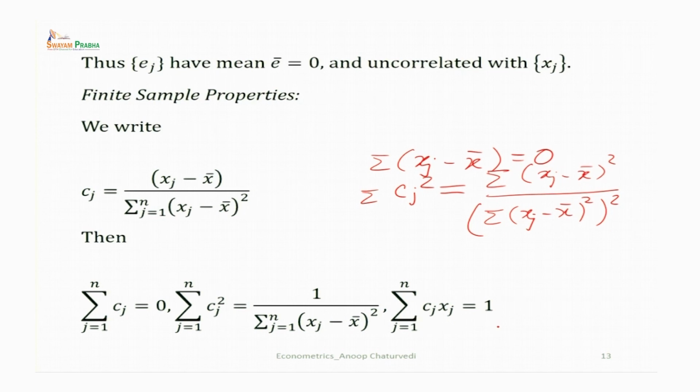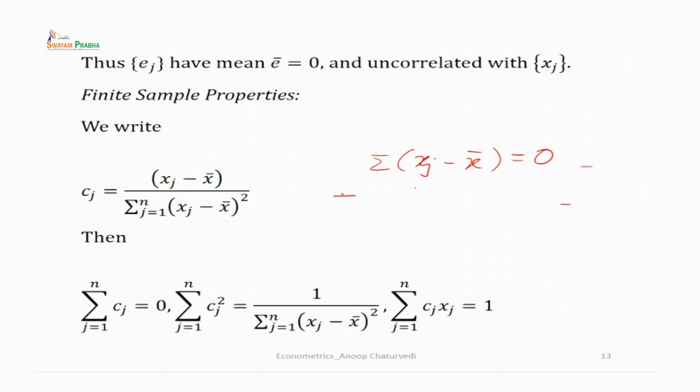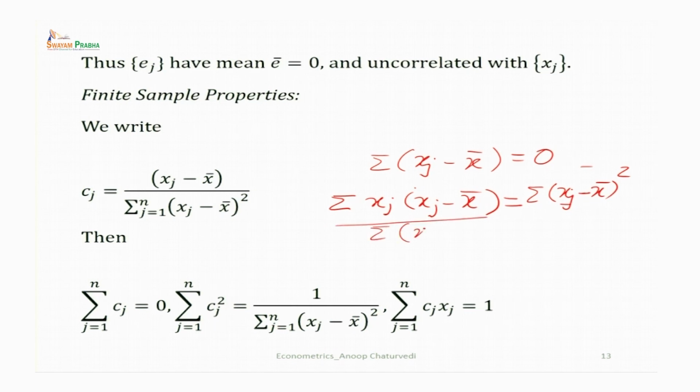If you take summation C j x j, it is equal to summation (x j minus x bar) square in the numerator, and in the denominator you also have summation (x j minus x bar) square.